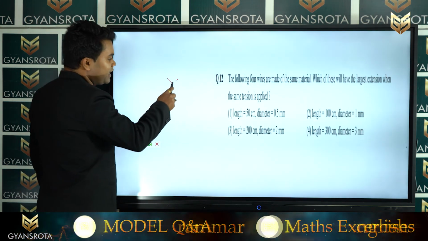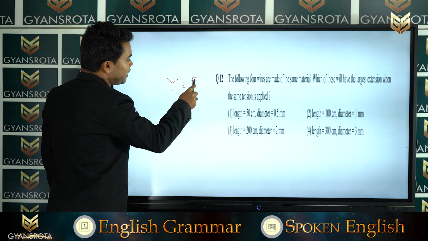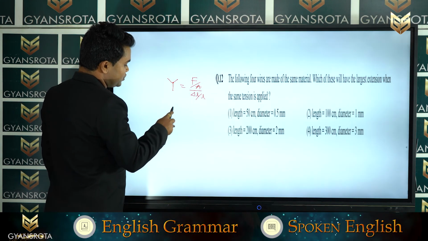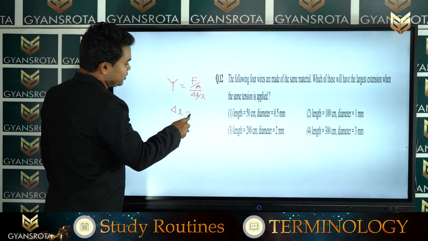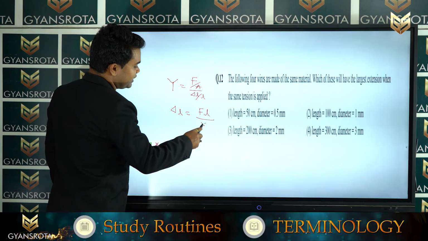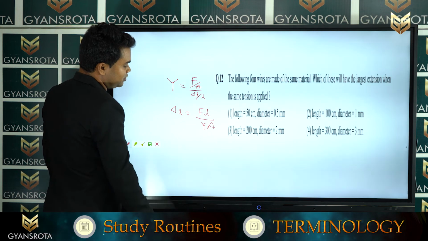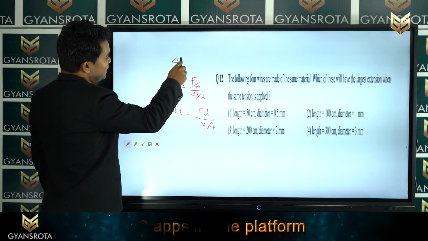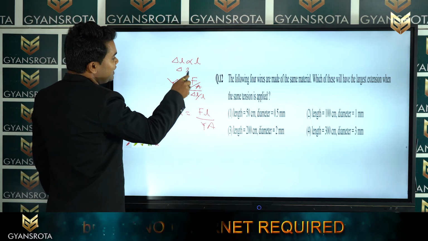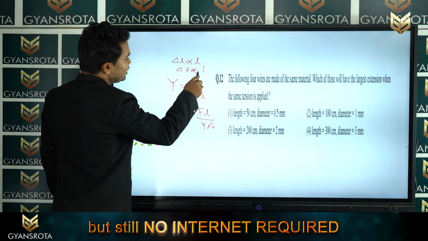So we know Y is equal to force by area divided by delta L by L. So delta L will be equal to FL divided by YA. So delta L is directly proportional to L and delta L is inversely proportional to A.